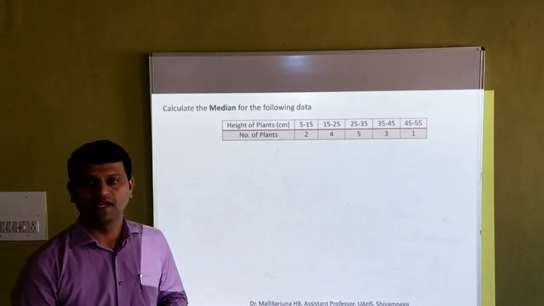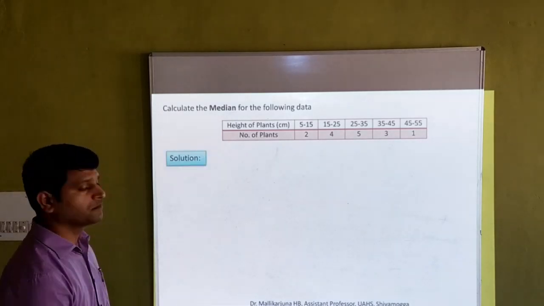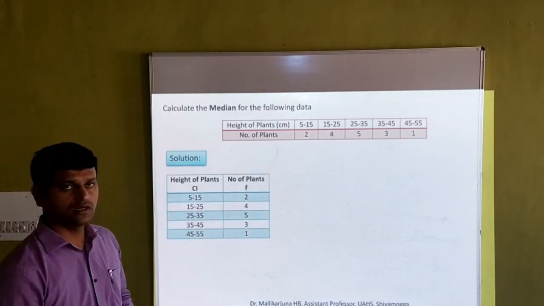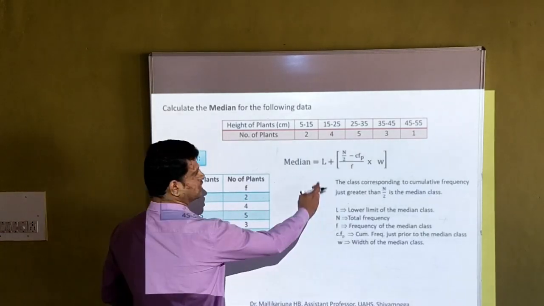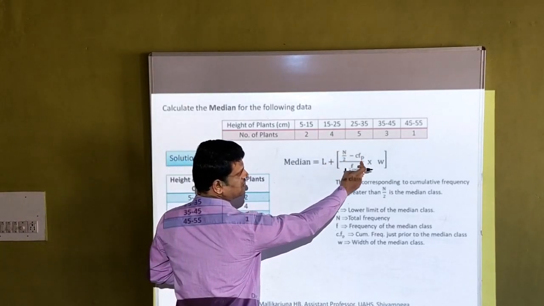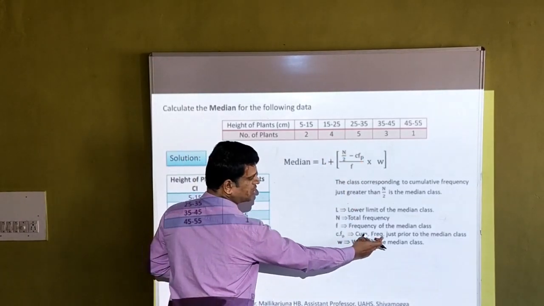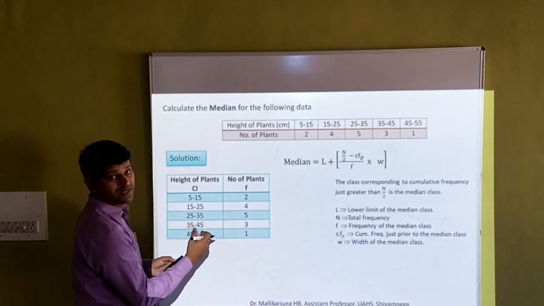Coming to median, so calculate the median for the same distribution. Coming to the solution, the table, then the formula. Median is equal to the lower limit L plus N by 2, where N is the total frequency, minus CFP. CFP means the cumulative frequency just prior to the median class. Here we should know what the median class is.